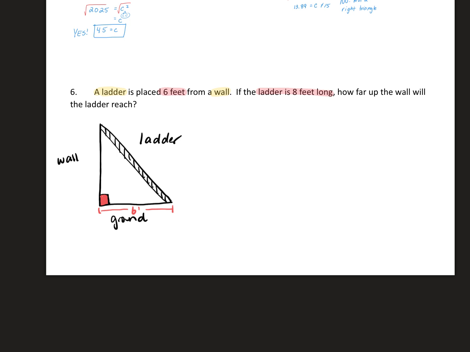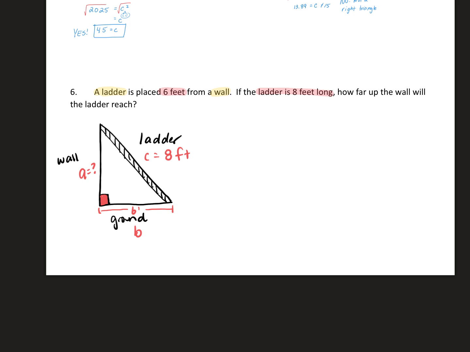And then the ladder itself is 8 feet long. I'm looking at that, and that's definitely c, and that's 8 feet long. So the question is how far up the wall will the ladder reach? Well, we don't know. This is a big question mark. So the wall is a, the ground is b, and the ladder is c.